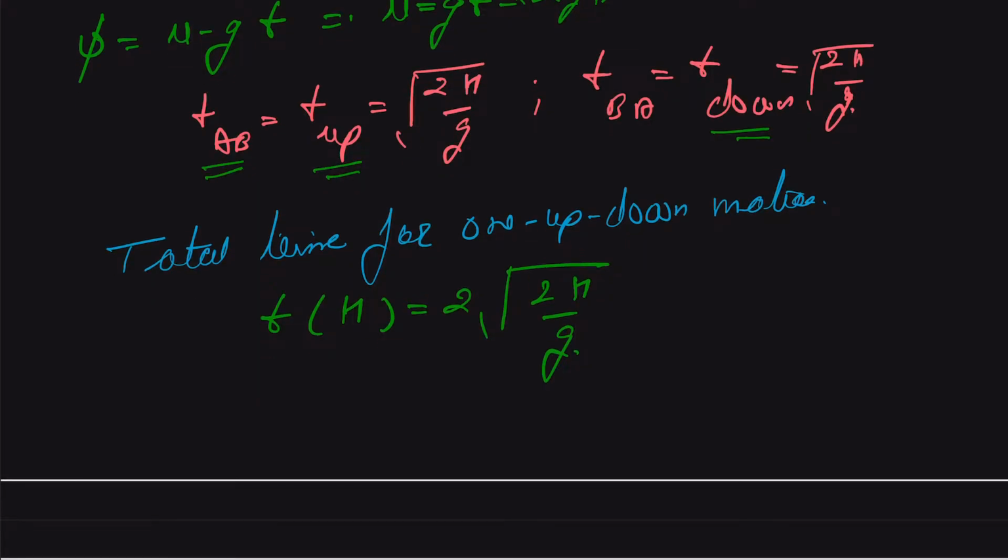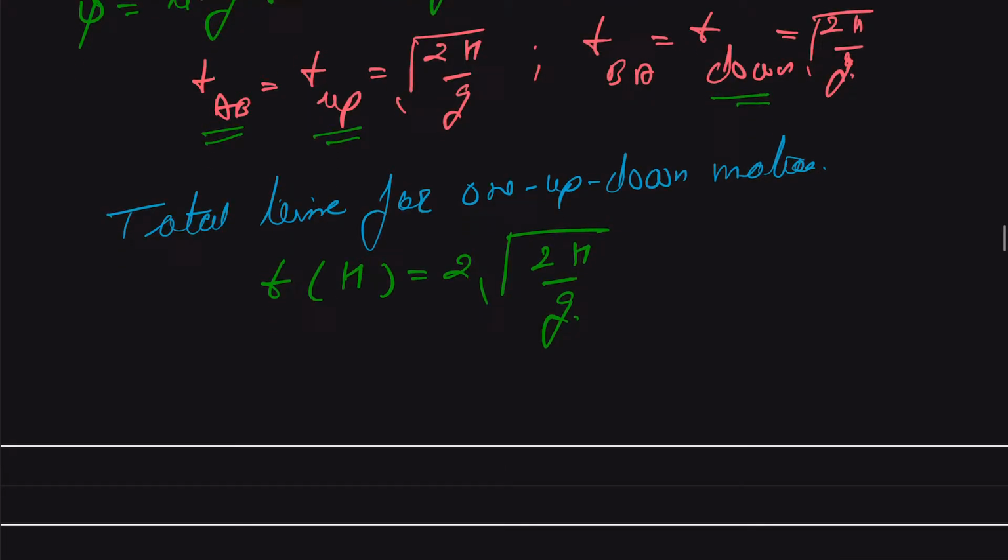And so now we can write the general equation for the successive heights it is going to reach. So we can say the height reached after each bounce.